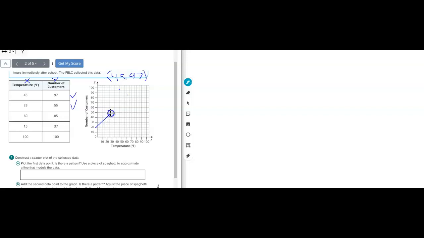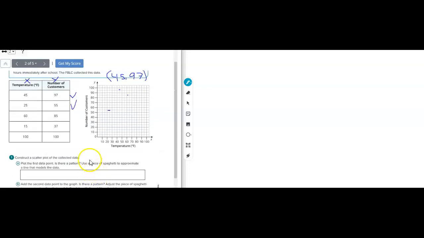There's a little bit of variation. So it looks like we don't have a perfectly straight line, but that we're going to have to estimate a line. And you'll write something like that about what you noticed after you plotted the third data point.